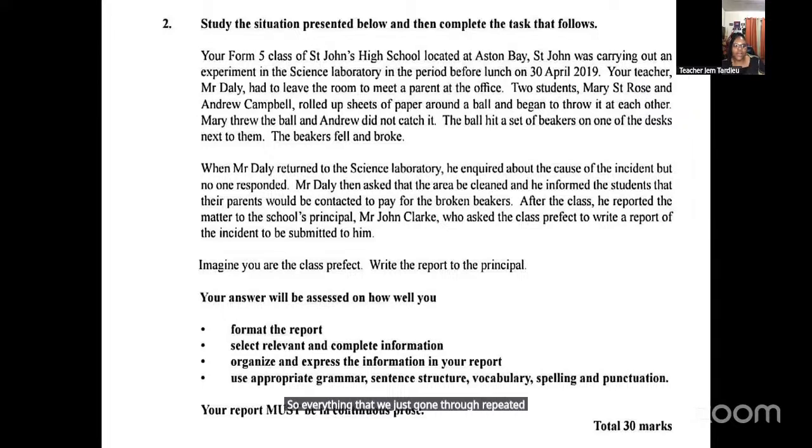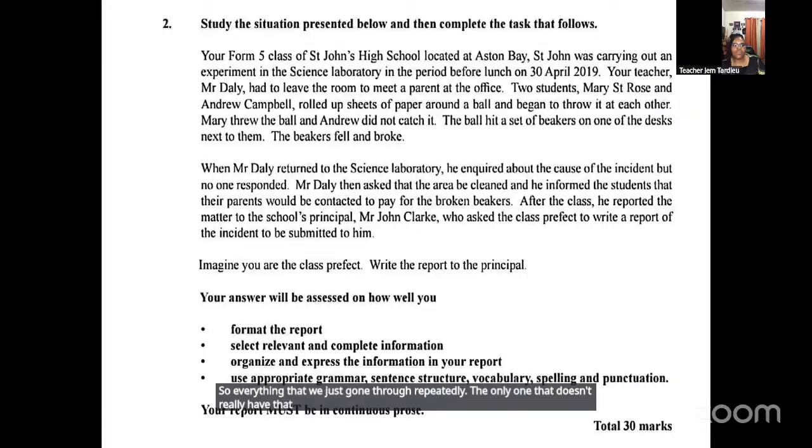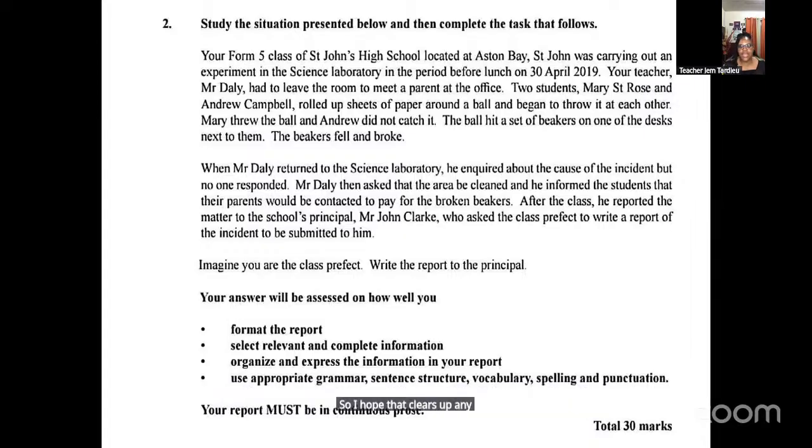The only one that doesn't really have that kind of alignment would be a newspaper report, which is closely aligned to articles. The same format for an article is the same format for a newspaper report. So I hope that clears up any misunderstanding that we had.